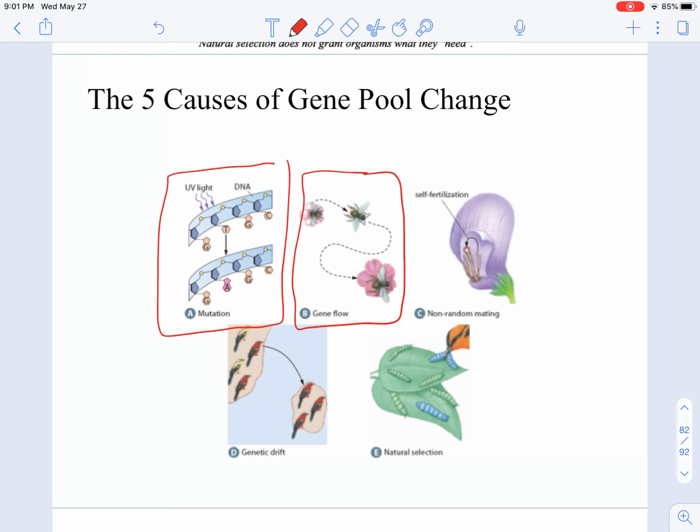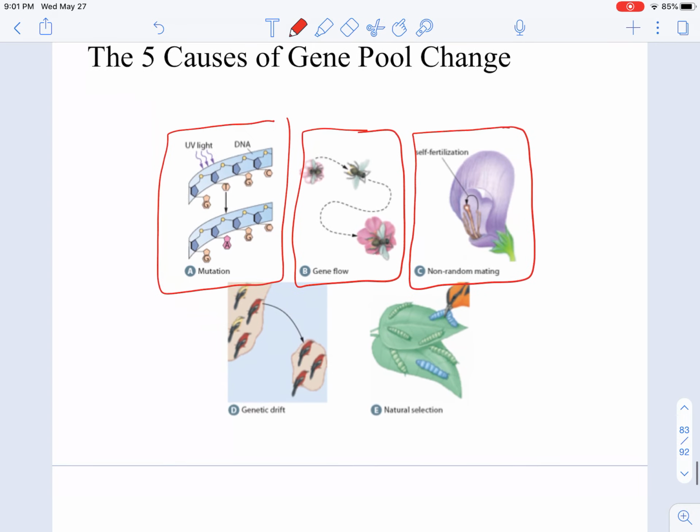Mutation, that may give an advantage. Gene flow, which is reproducing with nearby populations. Non-random mating, which is when certain phenotypes are more likely to be attracted to the opposite sex.